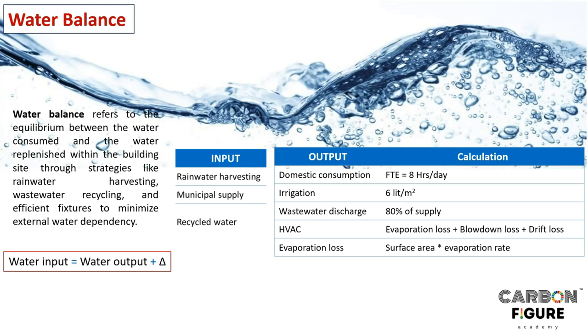In case of output, as a major contribution, we have domestic consumption, which means personal use like drinking, cooking, all those things. Then we use it for irrigation, some quantity goes for HVAC purposes, and some quantity goes as wastewater discharge, which is where the recycled component may come.